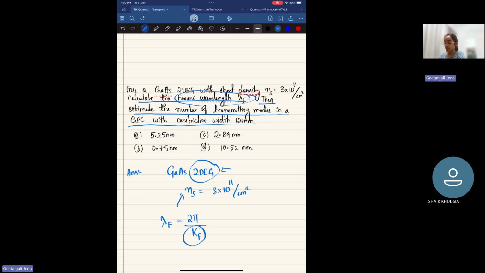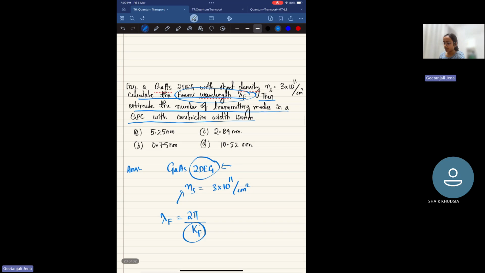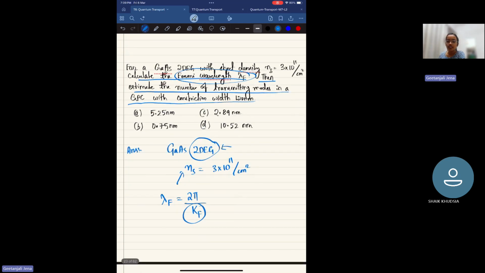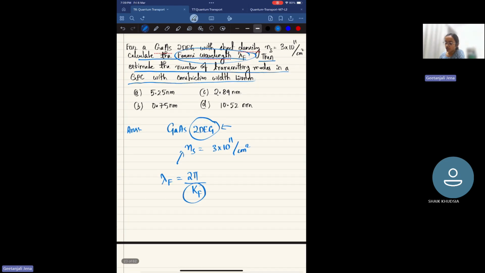Since it is a two-dimensional electron gas, we can use the expression of k for the two-dimensional system. If it was given as 3D, you could have used the 3D one, or for 1D, you should use the 1D case. But it is given as two-dimensional, so you should use the k expression for the two-dimensional system.